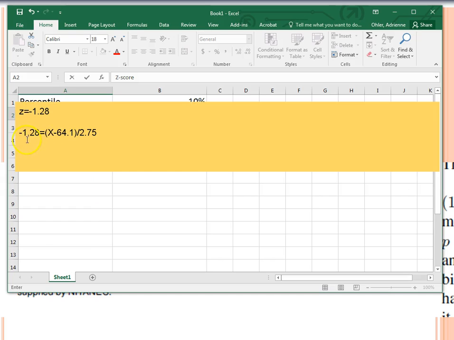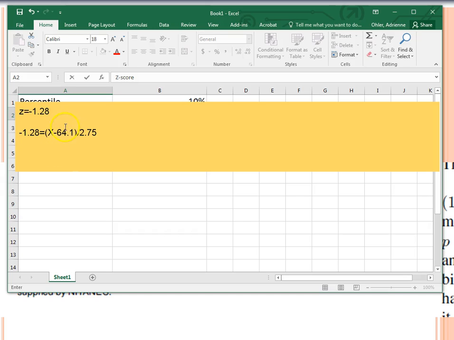So now that we have our z-score that's associated with the lowest 10% of women, we can use our summary statistics to find the height that goes along with that lowest 10% and that z-score. So on our left-hand side, we'll put our z-score, and our right-hand side is the formula for the z-score. So our observation goes first, and that's what we're trying to find. X here represents that height that's associated with the z-score.